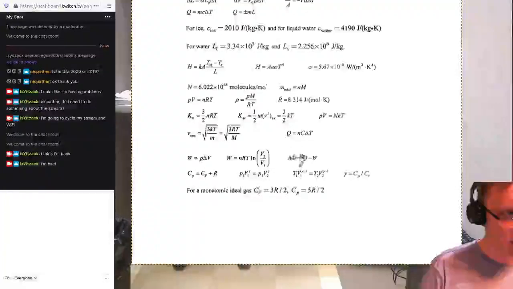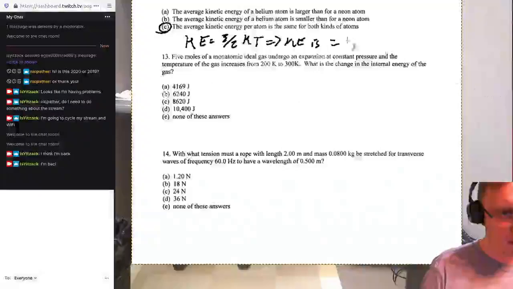So we're looking for a change in delta U, that's our internal energy for this gas here. And we have a Q, which is given here, and work, which should be either this one or that one, or neither.